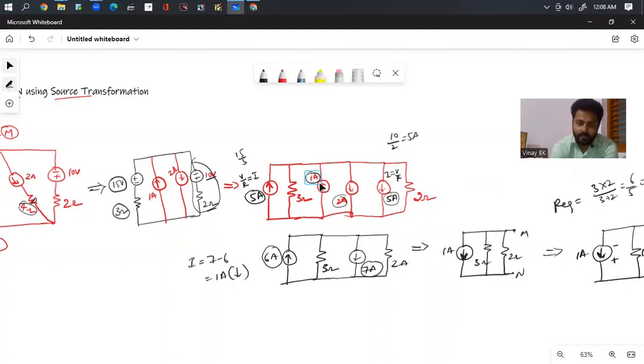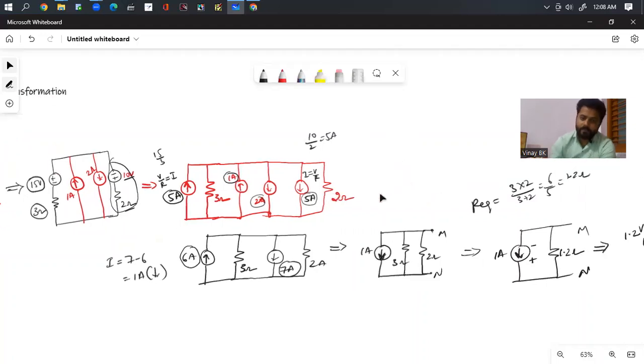So I am rewriting it as 1 ampere, 2 ampere. Now we can observe whatever current is flowing in the same direction, that is addition of current. Whatever current flows in the opposite direction, then there will be a subtraction. So here two currents are flowing in the same direction, 5 amperes and 1 ampere, so 6 amperes flowing upward.